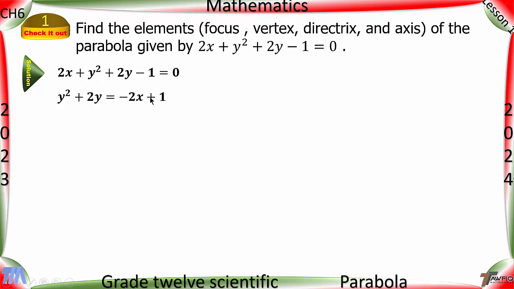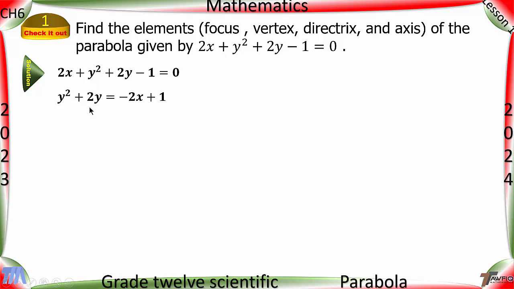This one from left to the right becomes minus 2x, and this one from left to the right becomes plus 1. And now, because our coefficient of y squared is 1, you don't need to divide it by any number.